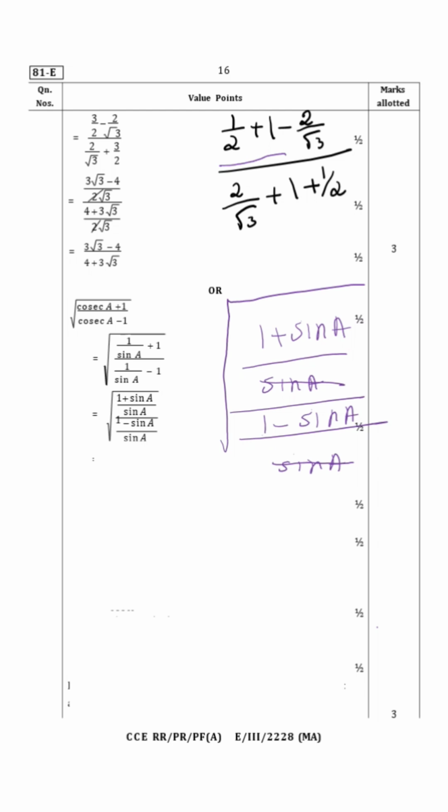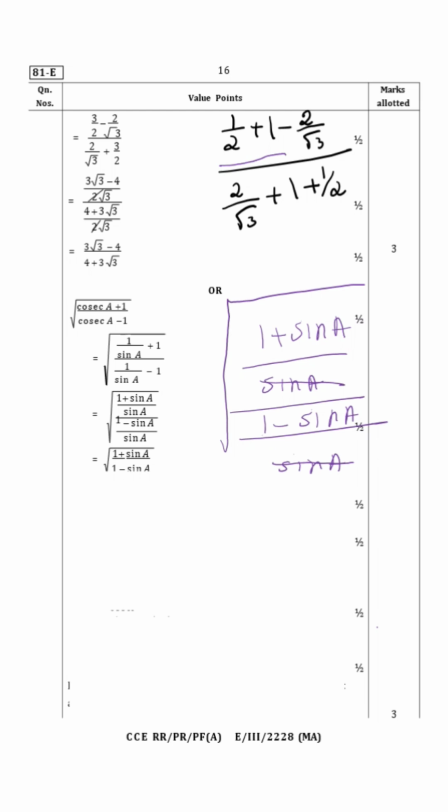So now let us write like this: 1 plus sin A upon 1 minus sin A, we got, isn't it?